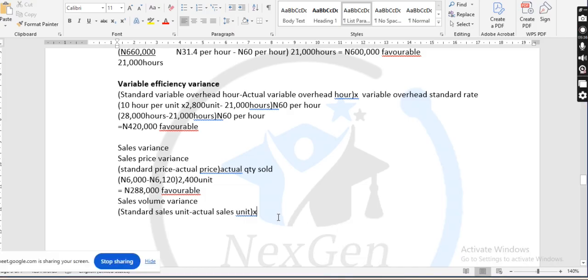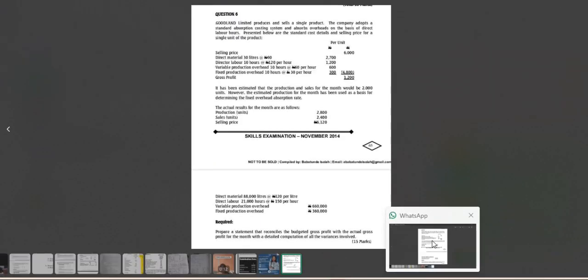Since it is standard absorption costing, you multiply by standard profit. But if the company operates based on marginal costing, you multiply by standard contribution.